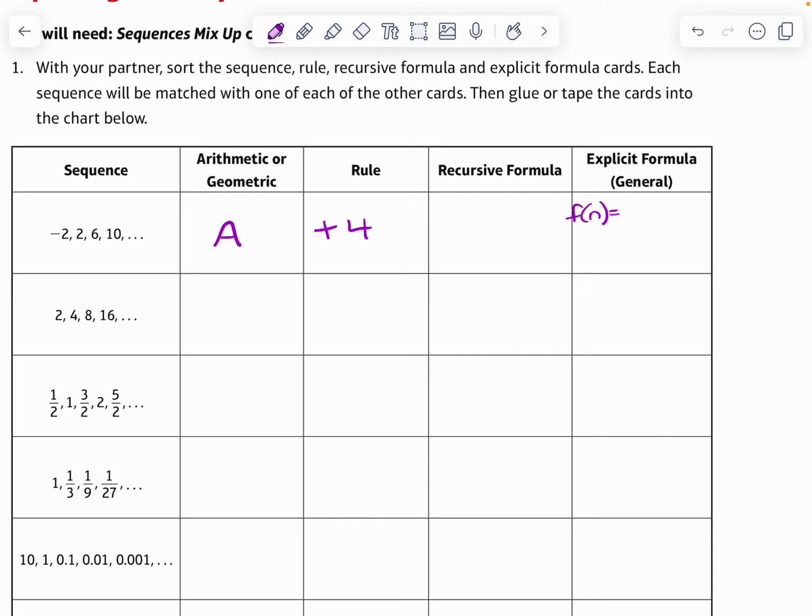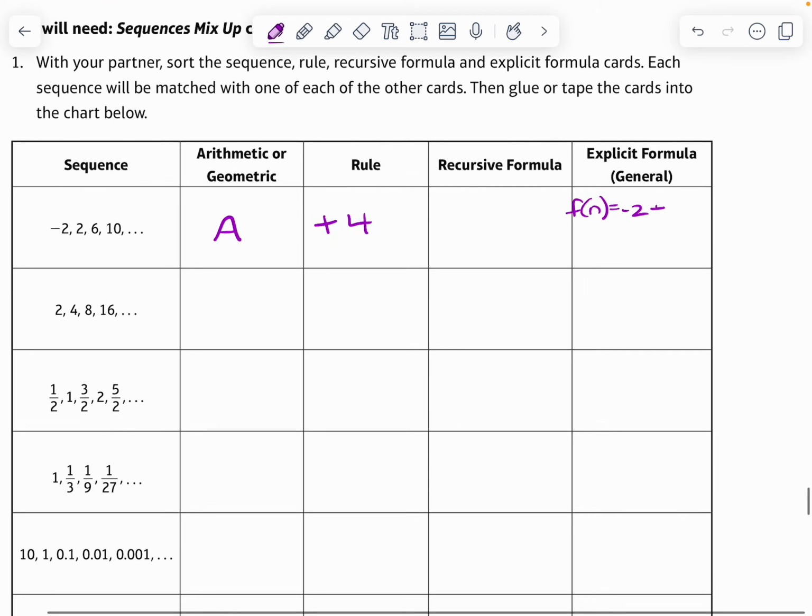I start with the first term of -2. I find the difference of 4 times n minus 1. Don't forget another way of writing that. You can distribute that 4 and get 4n, and then you'd get a -4 and -2 for a total of -6.